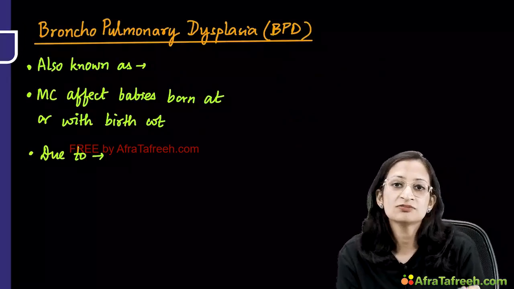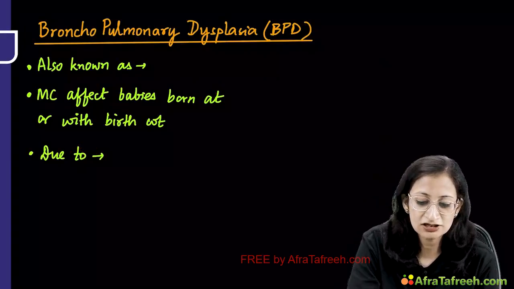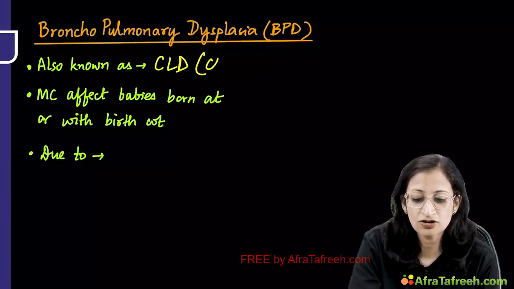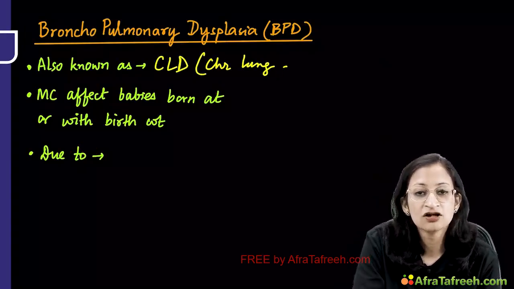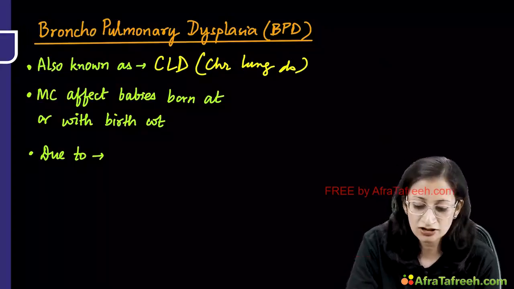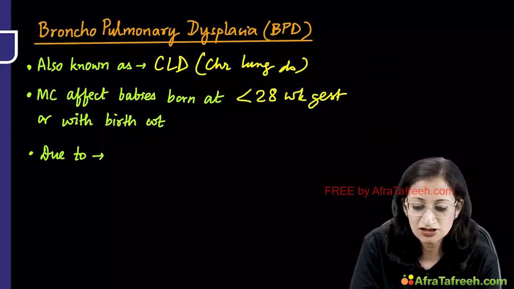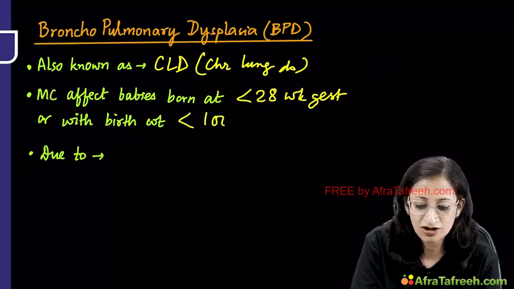Now, moving on to a little bit about bronchopulmonary dysplasia. This bronchopulmonary dysplasia is also known as CLD in neonates, that is chronic lung disease, and it most commonly affects babies born at less than 28 weeks gestation. That means very preterm babies with birth weight less than 1000 grams.